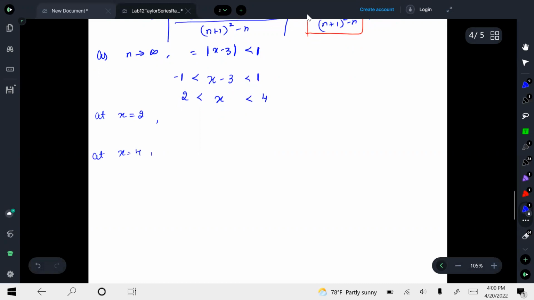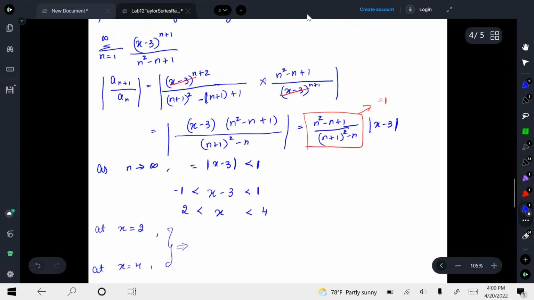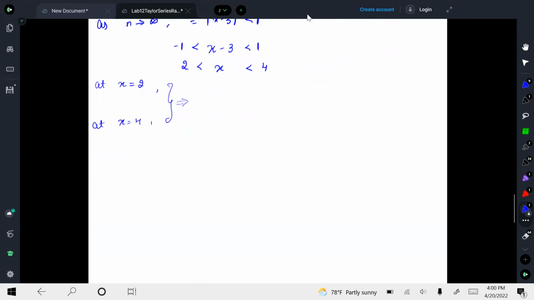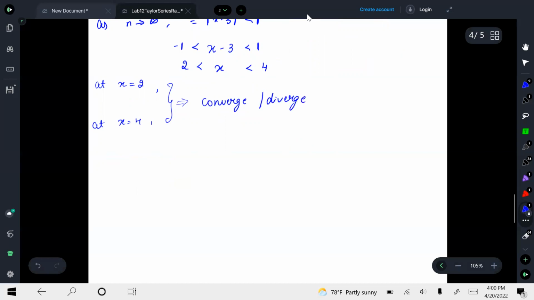I will leave these two for you. You need to plug in x equal to 2 in the original series and then check whether that series is going to converge or diverge. If it is converging, then you have to include 2 and 4 in the interval as well.